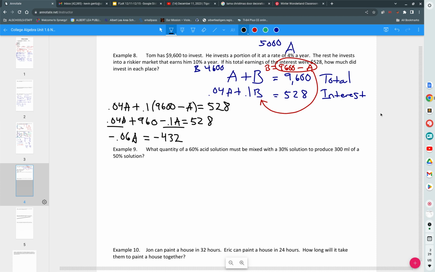Somebody be handy with their calculator for me. 7,200 invested at A, which is 4%. How much did I then invest at 10%? 2,400. Very good, that remaining amount. Those both should add up to 9,600, which they do. Okay. Are we good?